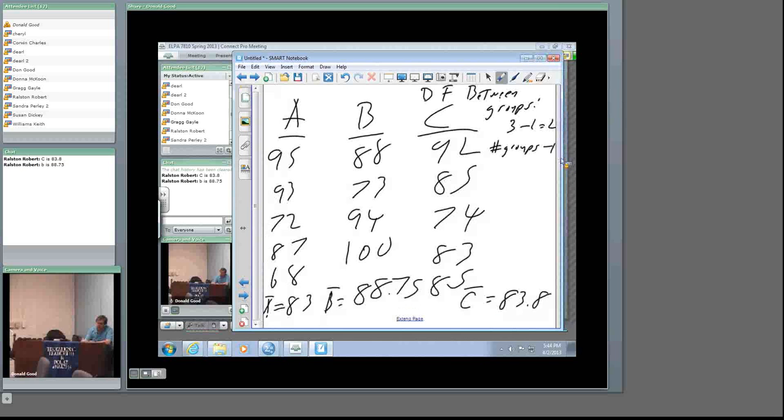Degrees of freedom is still something minus 1. That's between groups. Now the degrees of freedom within groups, and here's where I need more room to write.